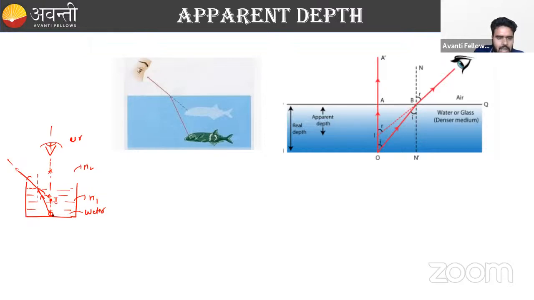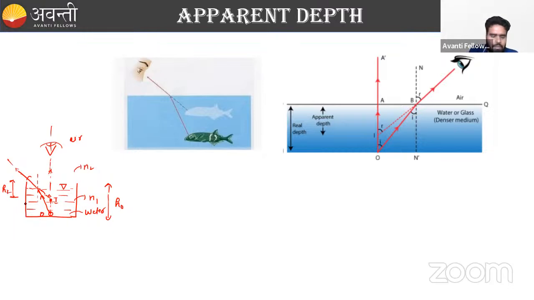We say this point is I. So here we observe the image of object O. The original height of the object from the free surface of the liquid is HO, and this is the final height of the object as seen by the observer. So we can't see the actual depth; we see some other depth, that is, there is a shift involved in this type of problem.